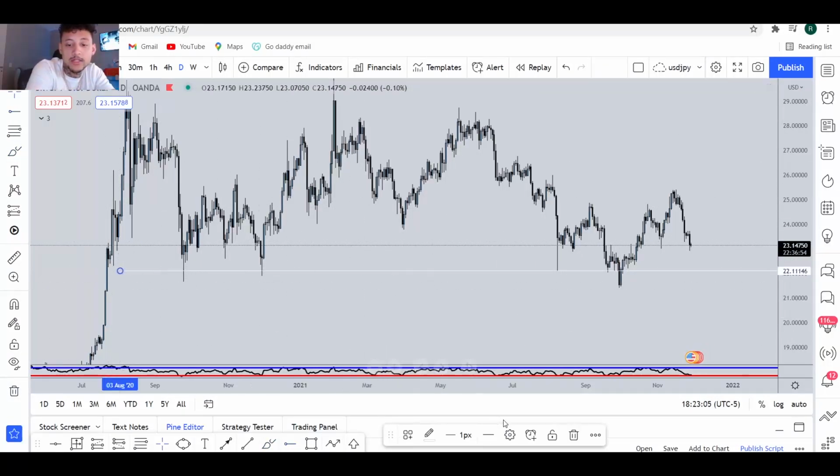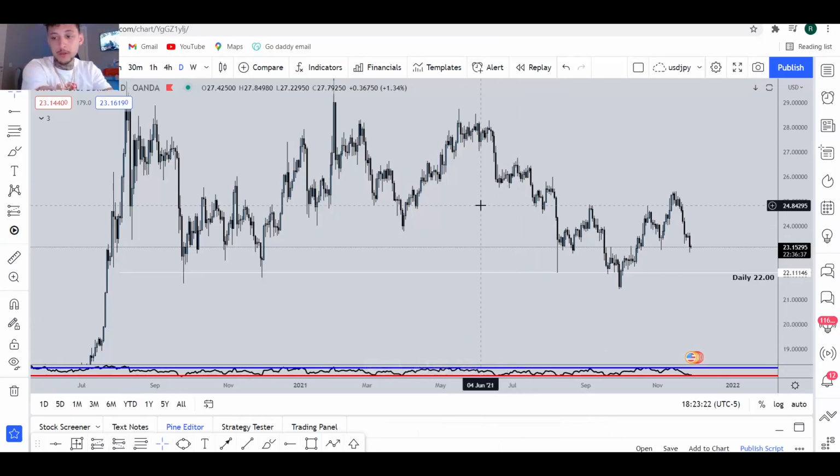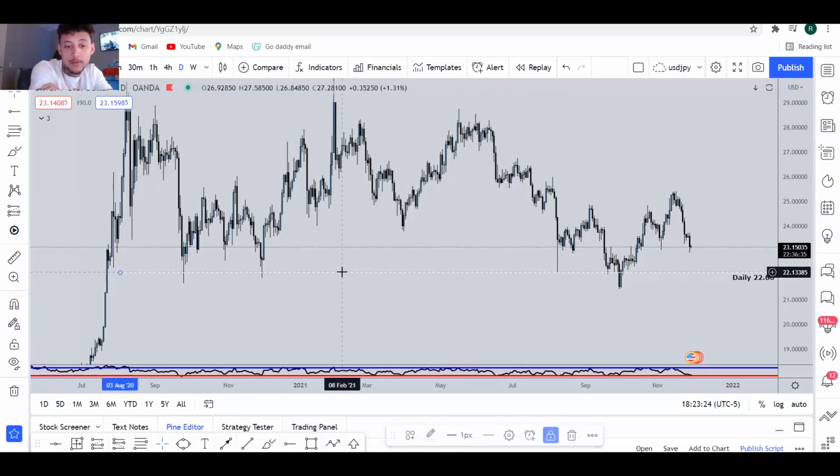And how I'm going to place this level, I'm going to lock it first of all. I'm going to go into settings and then put daily at 22.00. We'll put 22.00. Right, it's not $22 flat, but it is 22.1.